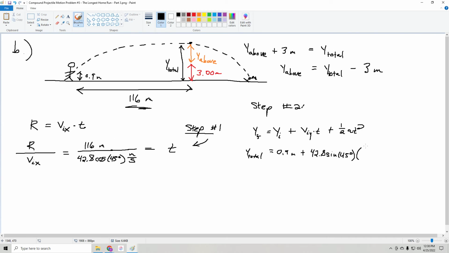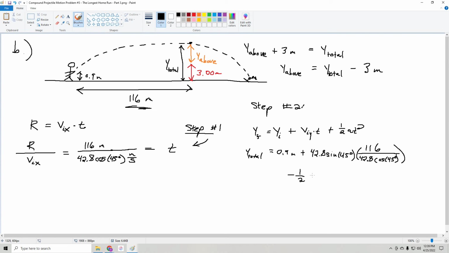And what is that? That's 116 divided by 42.8 times cosine of 45 degrees. And as you can see, we're kind of taking up a bit of space. I'm not going to write the units and stuff right now. But we do have one more piece here. It's minus 1/2 g.